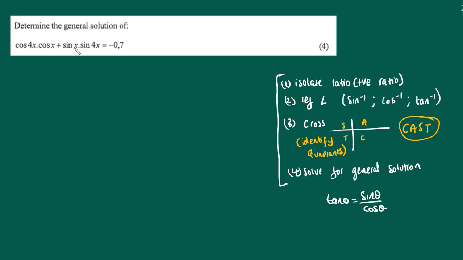Since it's 4x and then x, you can rewrite it like this: cos 4x times cos x, and then plus sine 4x times sine x is equal to negative 0.7.